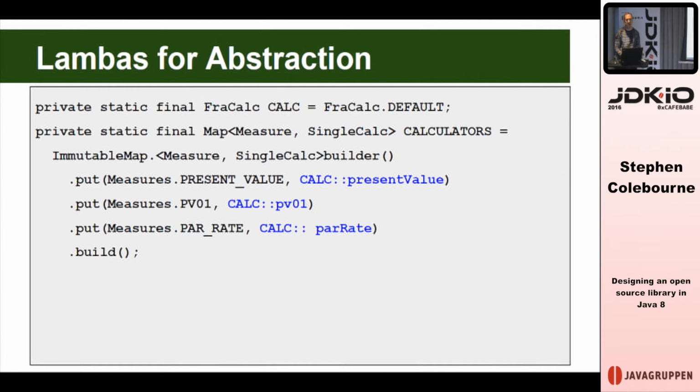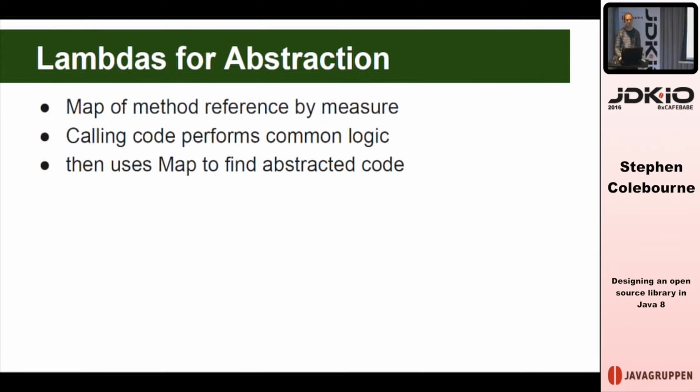So what this code has achieved is basically to say, when they request the measure present value, then you're going to run the code present value. When they request PV01, they're going to run the code PV01. And so as you can imagine, adding a new measure is just adding a new line into that hash map. We didn't have to write all the other boilerplate code that goes around it. And that can be a great saving in some use cases.